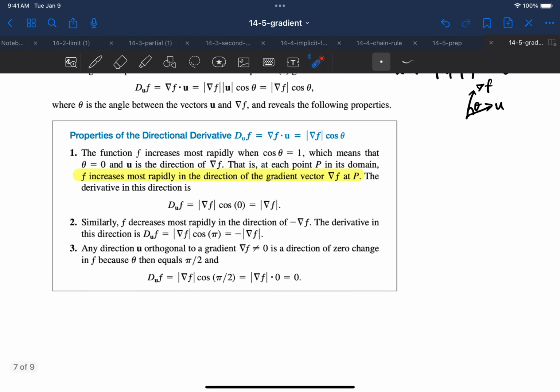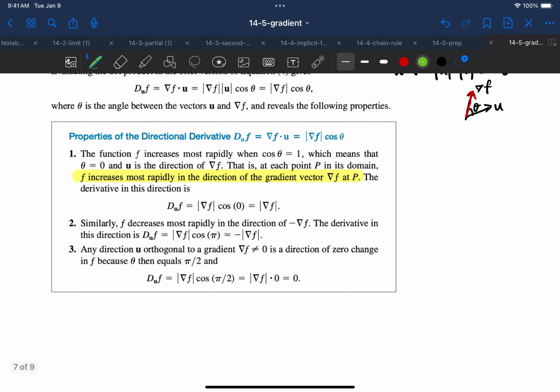Now, if you want to go home, you want to go down the hill as fast as you can, then what do you want to do? The answer for going up is you must go along gradient f. This gives you the fastest way of going up. If you want to go down, then we want to go in the opposite direction. Intuitively this is true, and theoretically we can prove it.